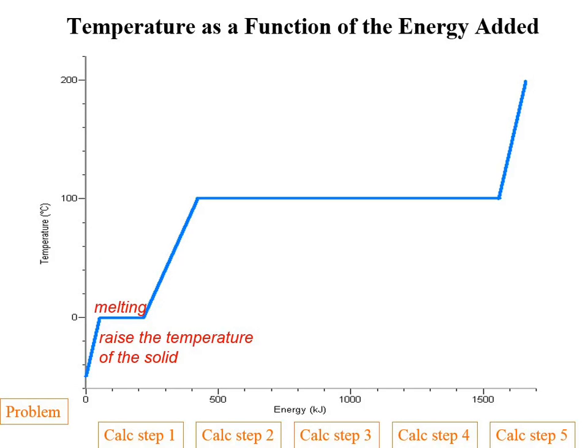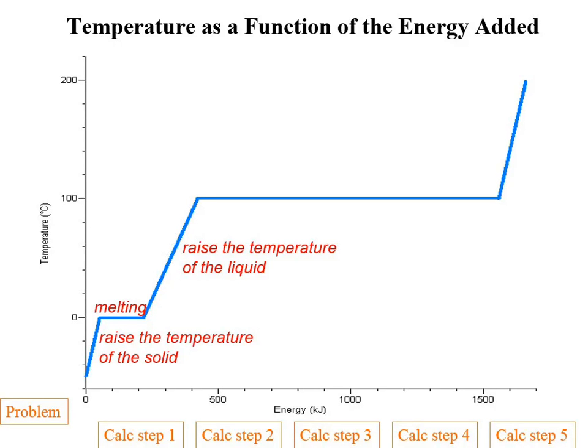Then it's going to be a liquid, and we keep pumping energy into it, and it heats up from 0 Celsius to 100 Celsius as a liquid, up to the boiling point temperature. That's what we're going to call Q of warming the liquid. The length of each step is basically how much energy it requires.